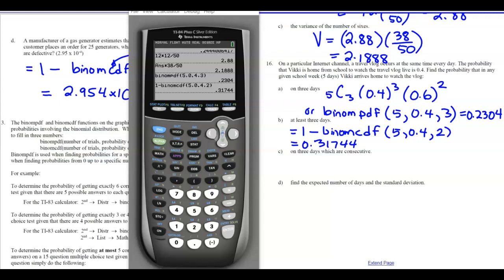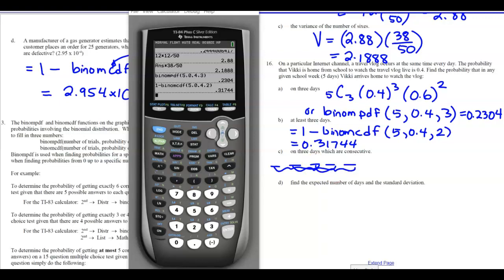The next one, you kind of have to think about it the long way, because it's 3 days which are consecutive. So please show the 5 days of the week like that. So what's the probability that she'll be home to see it on the first 3 days, or the middle 3, or the last 3?